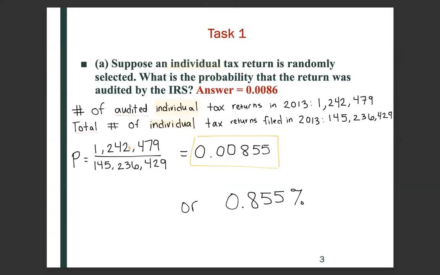So we'll just take 1,242,479 and divide that number by the total. And that'll give us 0.00855 or 0.855%. So to get the percentage, you would just multiply by 100, move that decimal place over to the right, and that'll give you that percentage.